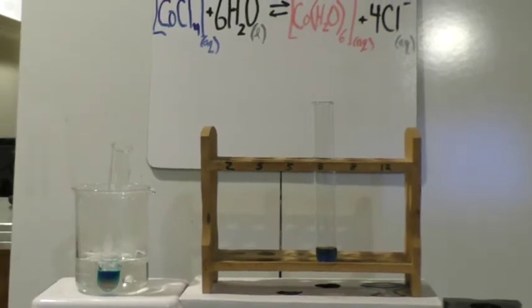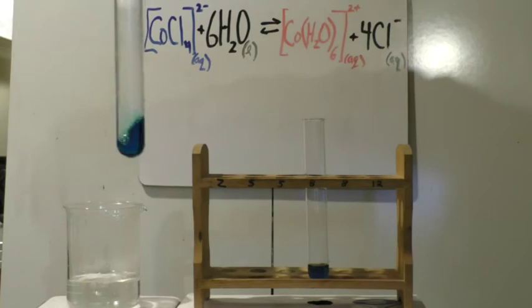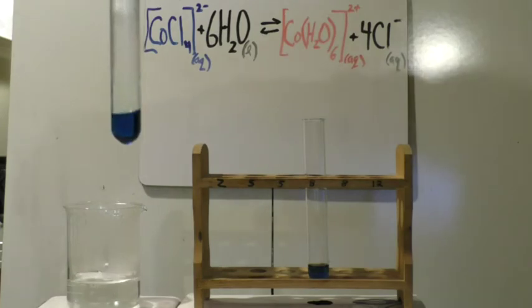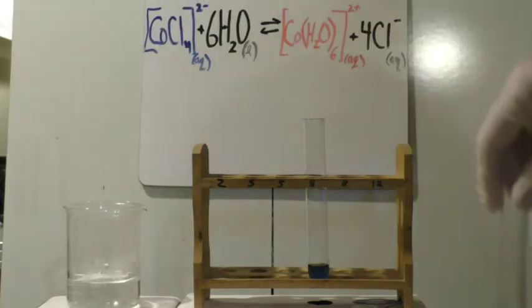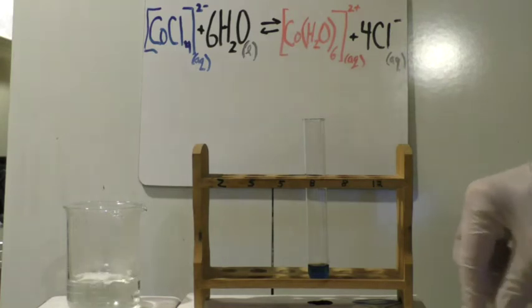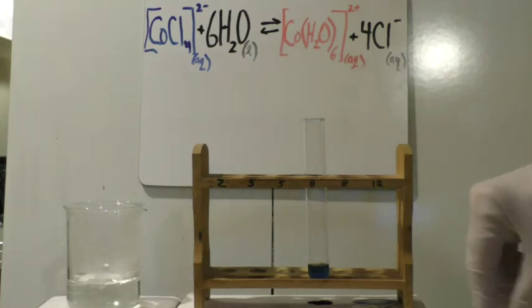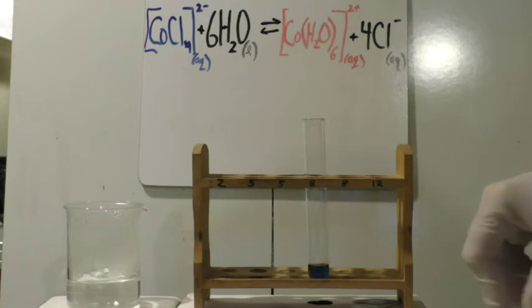If I was a better cinematographer, this would be a lot better, but I think you can get the idea. And then I'm going to just bring this back to room temperature again and show you one more example of LeChatelier's principle.